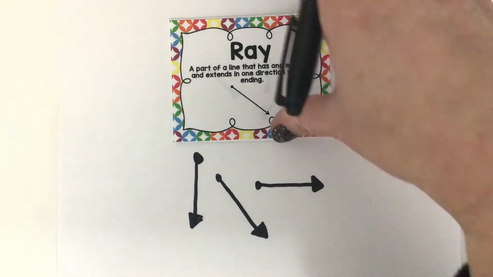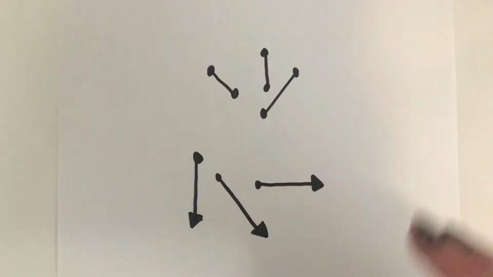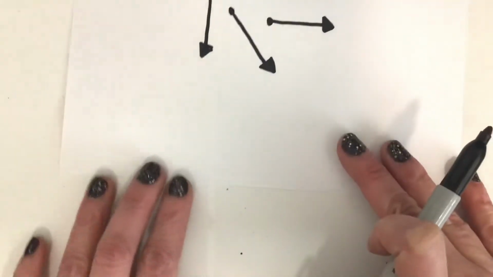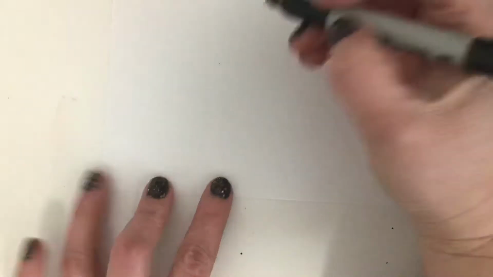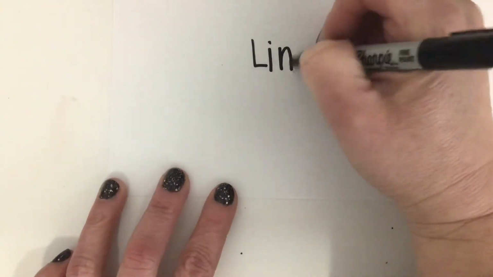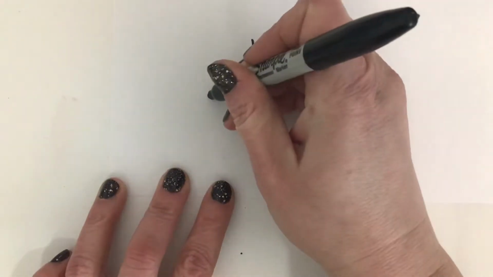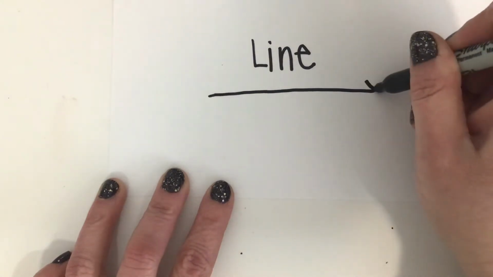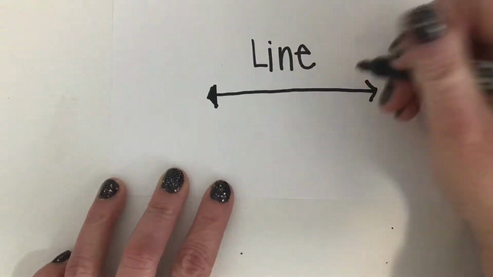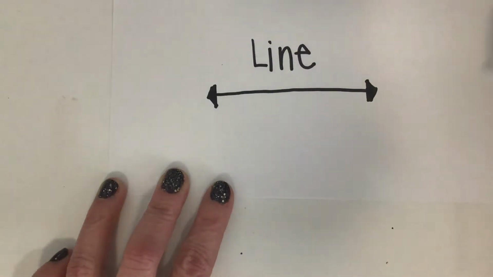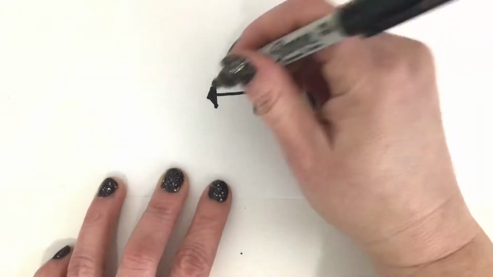Now, I don't know why they did not have a card for this one, but a line. A line doesn't have endpoints. A line has an arrow at each end, which shows that it goes forever. It never stops.